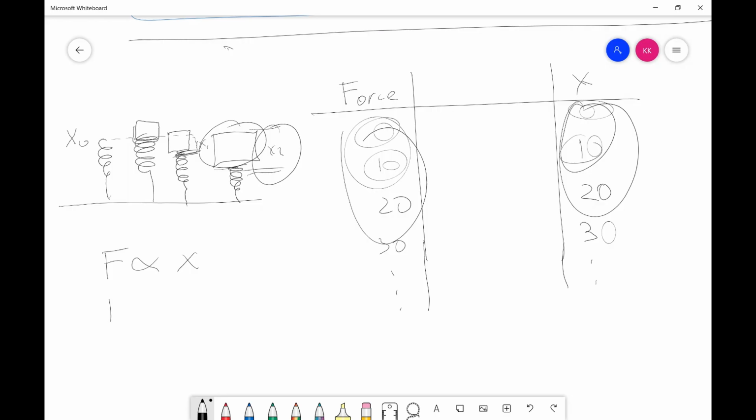Now, generally, when you change the proportionality sign to an equal sign, you always introduce some kind of constant. And that constant here is K. So it's K times X. This K is known as the spring constant.